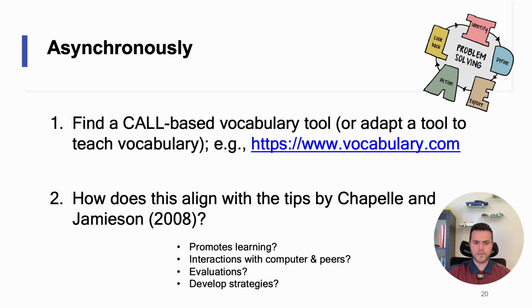So you may consider some sub-questions like, does it promote learning? Does it provide interactions with computer and peers? Does it provide evaluations? What kind of evaluations? Immediate feedback or what? And also in terms of strategies, you may consider a question like, does the tool help learners develop strategies?